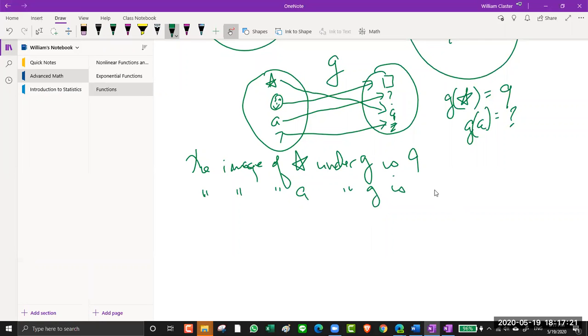Question mark. And the image of 7 under G is what? Z. Okay, so we can use this word image like that. We also say G of A equals question mark, G of star equals 9.